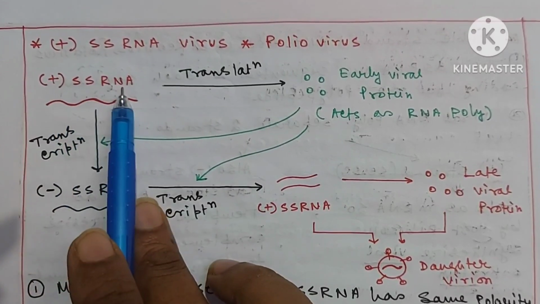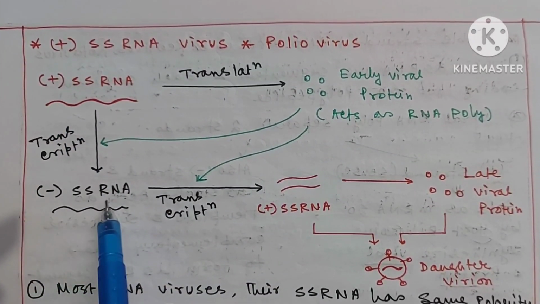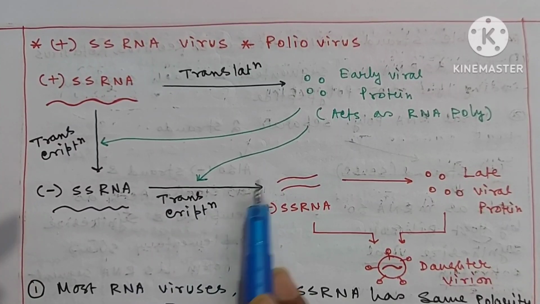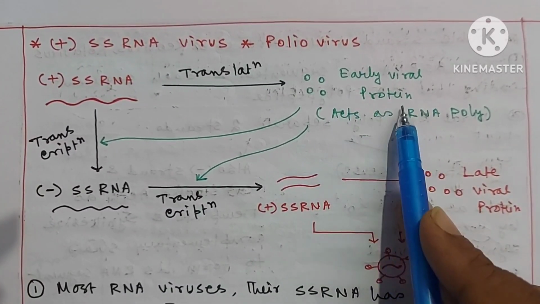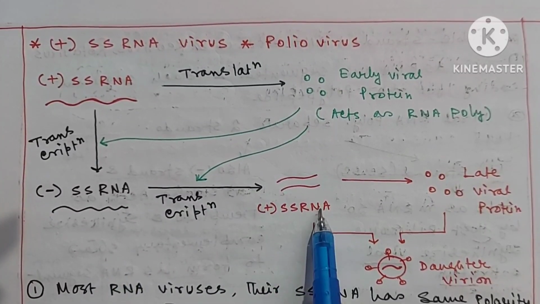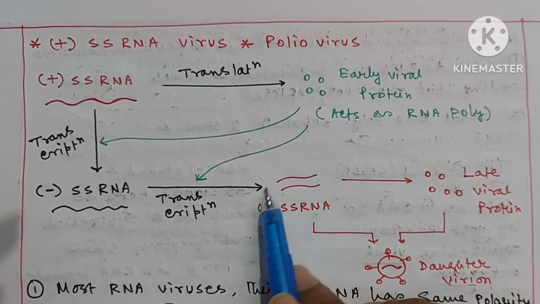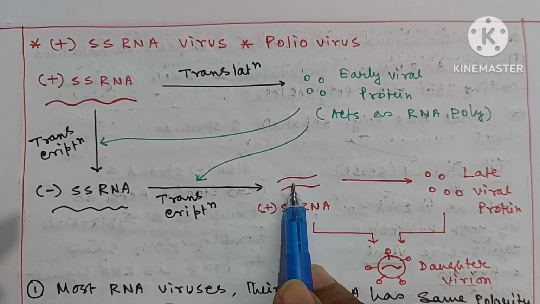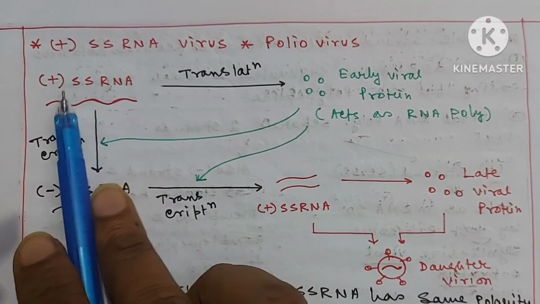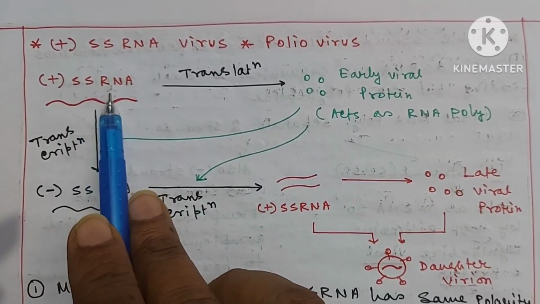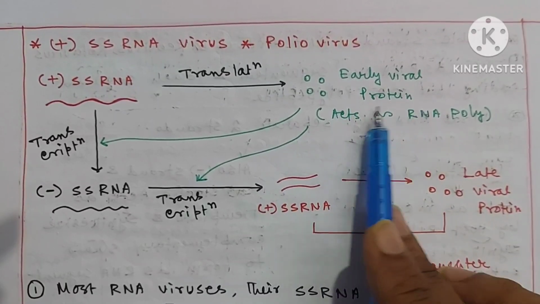So the plus ssRNA is transcribed to form the minus ssRNA, and this minus ssRNA undergoes transcription using the early viral protein, by which the plus ssRNA is synthesized. This plus ssRNA is not directly synthesized from the parental plus ssRNA; actually, it is synthesized via the early viral protein.